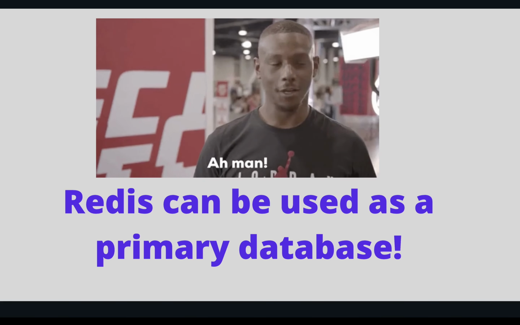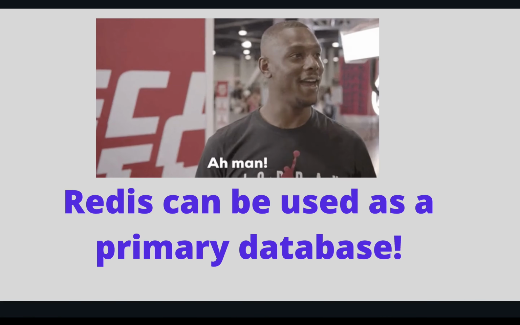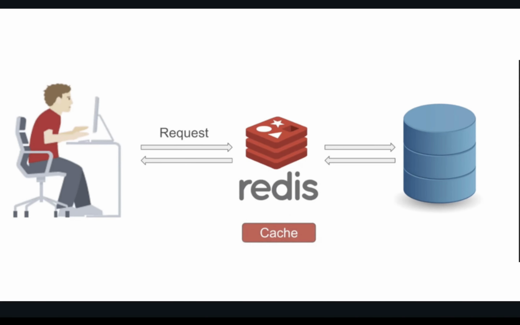And let's jump into a picture so that you can understand how Redis works. Let's say you are the user and you are going to a website and trying to send a GET request.